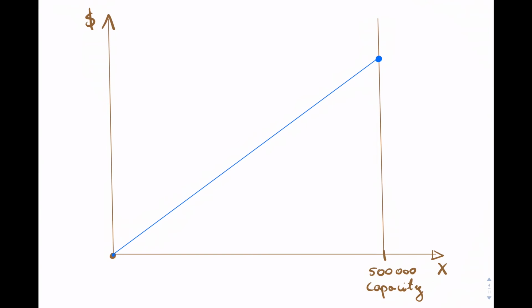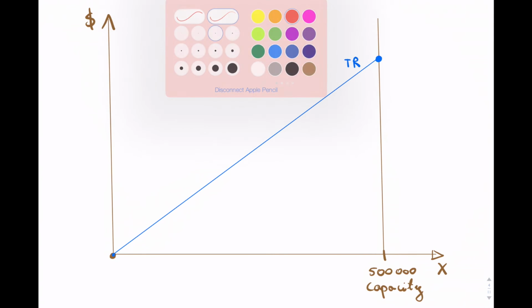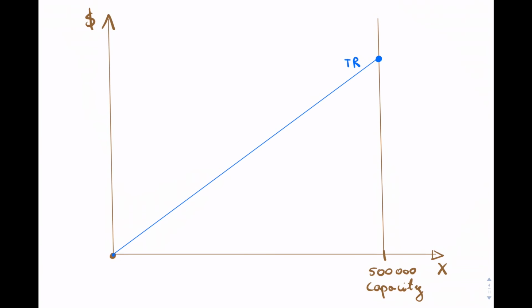So that is total revenue that we have. I'll leave it in blue. And then our fixed cost is quite a bit. So that was 1740, 1, 2, 3. So that's fixed costs.